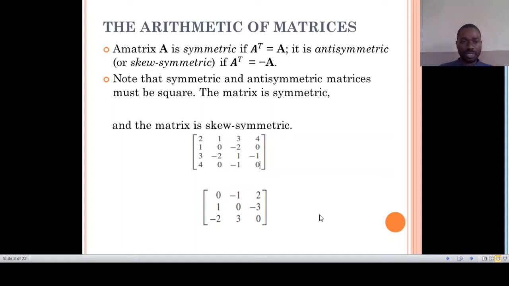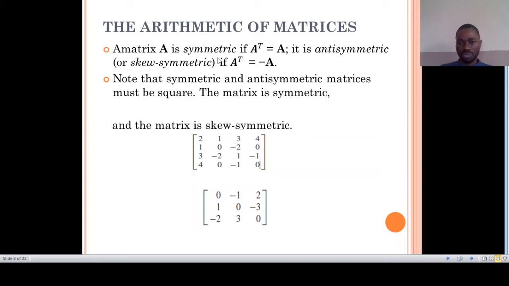What is a symmetric matrix? A matrix A is symmetric if the transpose is equal to the original matrix. This is telling you that if you transpose a matrix and you get the same matrix, such a scenario is known as a symmetric matrix.